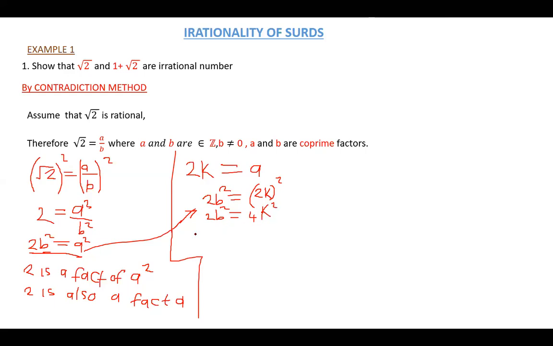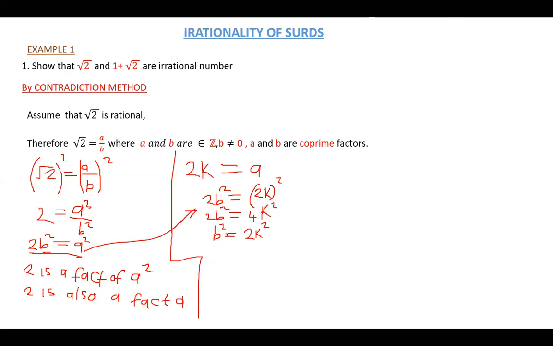So when you divide both sides by 2, you're going to have b squared being equal to 2k squared. So what this simply means is that, in short, we've just gone to an expression which looks similar to this one here.